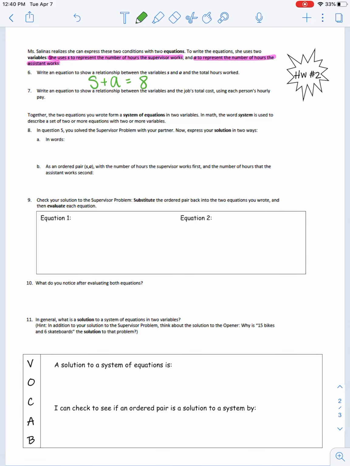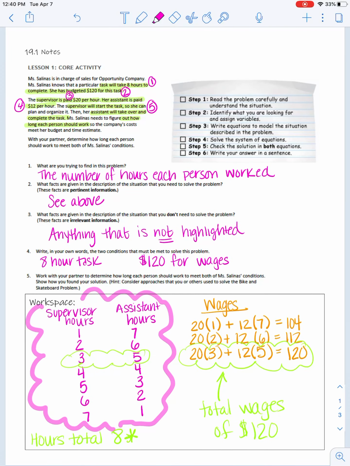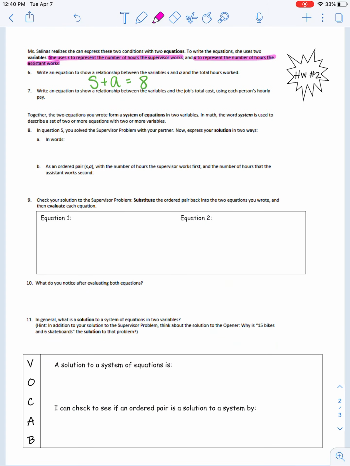Number 7. Now we're going to use S and A to write an equation about cost. So again, I'm going to refer back to what we did on the front where we talked about wages. We took 20 times the supervisor hours and added 12 times the assistant hours.